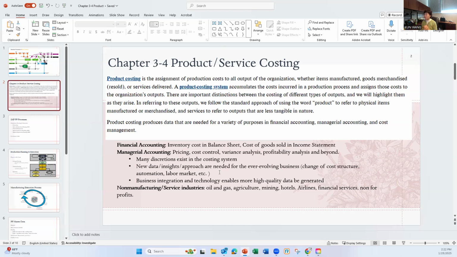So not all of the cost inputs will be reflected in the income statement, because some of the cost inputs are still remaining in the production process. We only need to transfer the cost for the finished products and list them in the income statement.